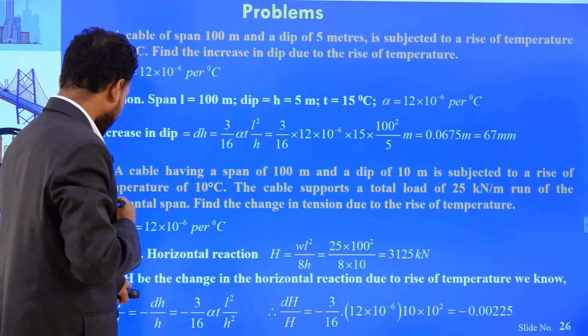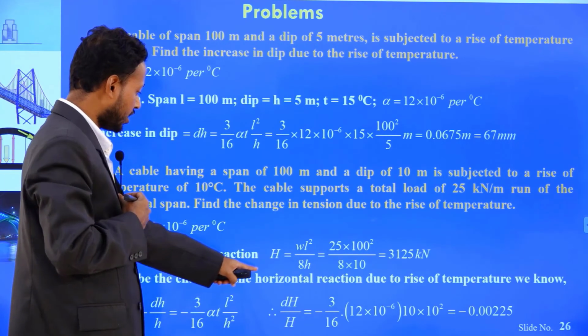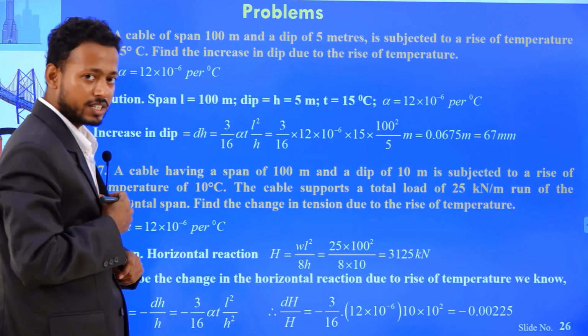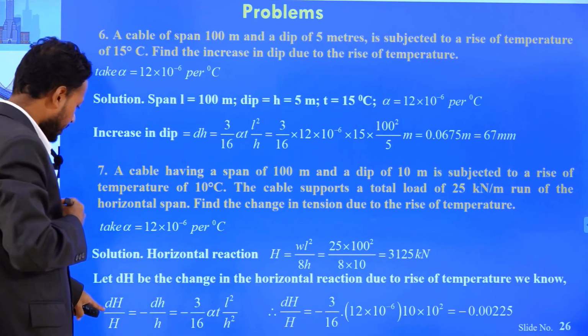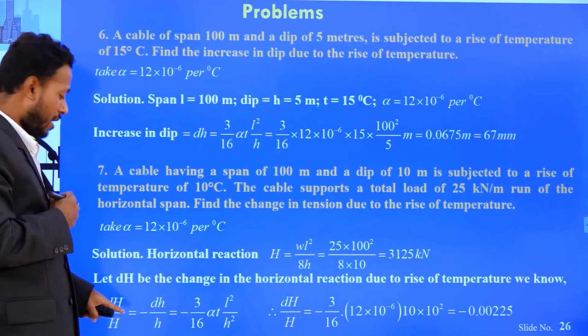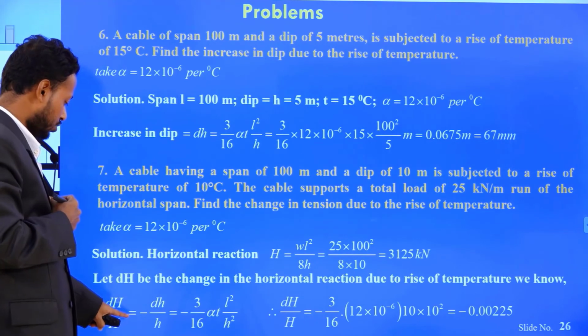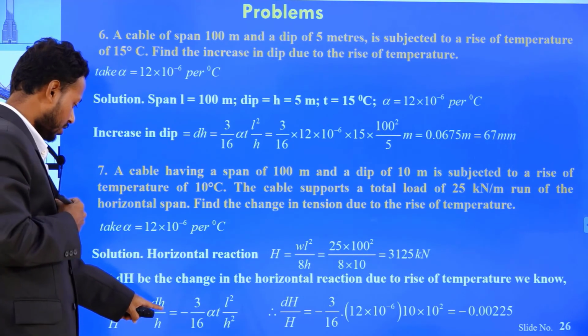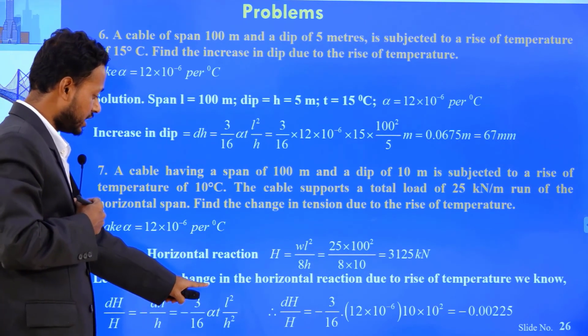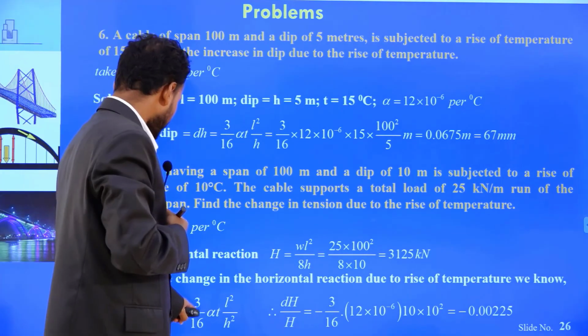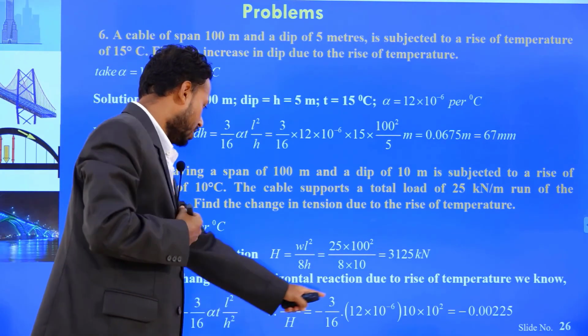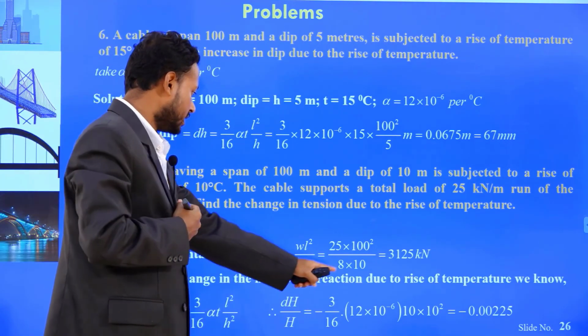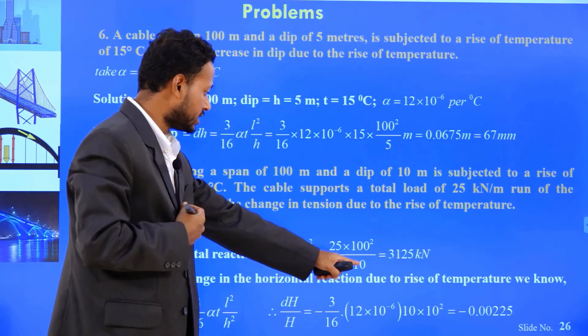So let DH be the change in horizontal reaction due to the temperature rise. We know in the previous expression we have determined DH by H equals minus 3 by 16 alpha T L square by H square. 3 by 16, alpha is 12 10 to the power minus 6, T is 10 and L square by H square is 10 square.